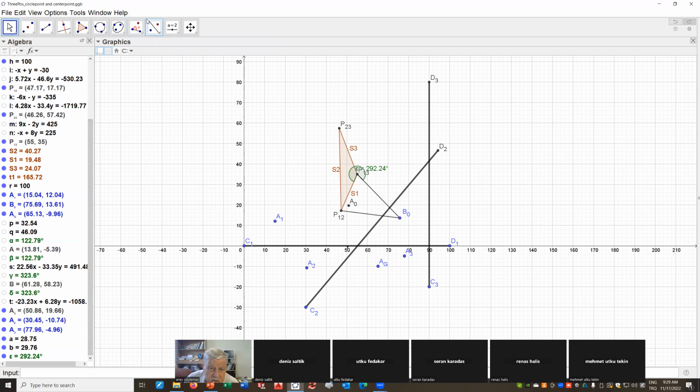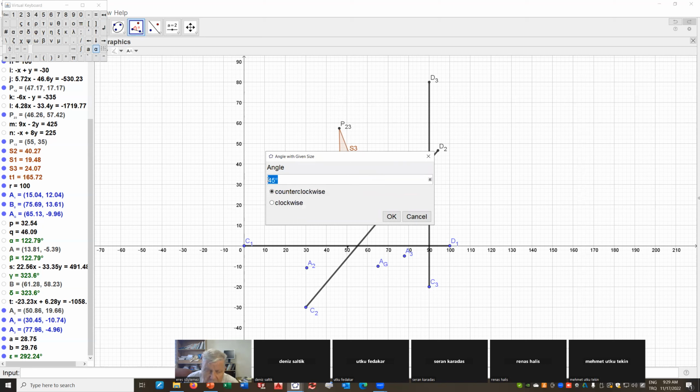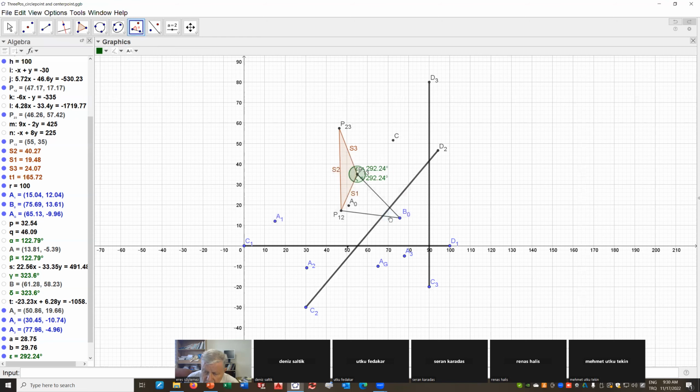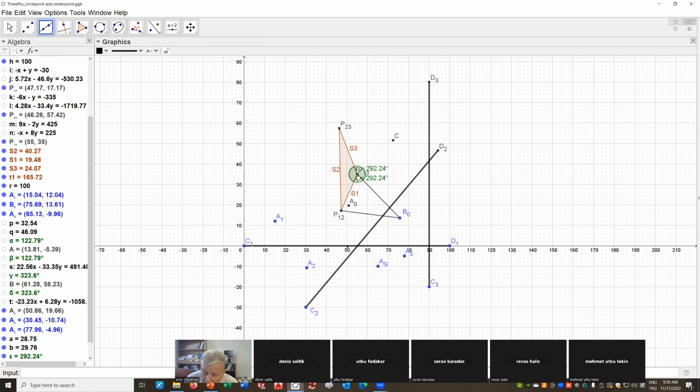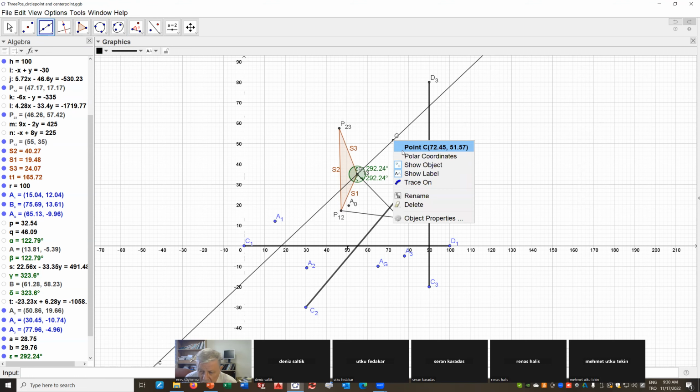Okay, I'll repeat it. Measure this angle, P23, P12. Yes, here. BG must be on this line.